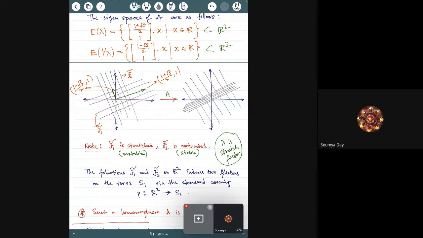In this direction, they're getting far apart, and in this direction, they're getting contracted, right? So such a dynamics is going on here.